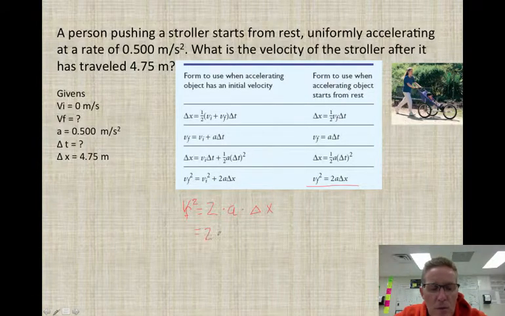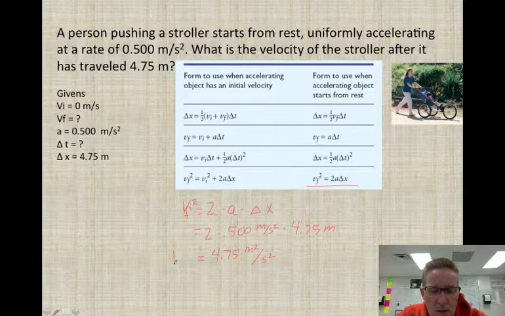So 2 times the acceleration, which is 0.5 meters per second squared, times our displacement, which is 4.75 meters, and that's going to come out to still 4.75 as the quantity. However, our units are going to be, because we're multiplying meters per second squared times meters, meters squared over seconds squared.